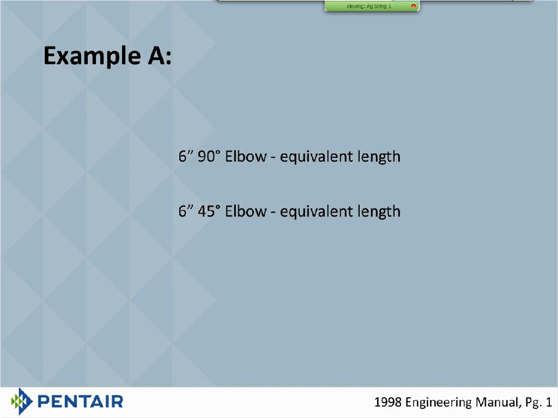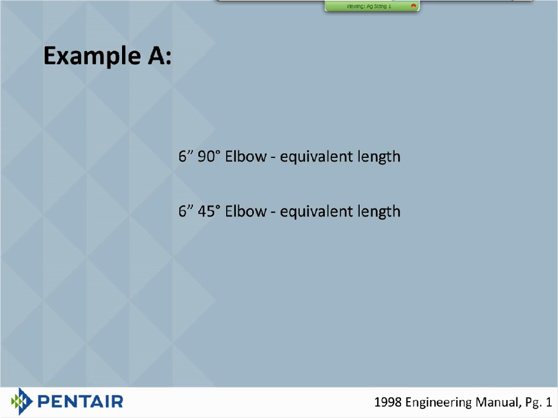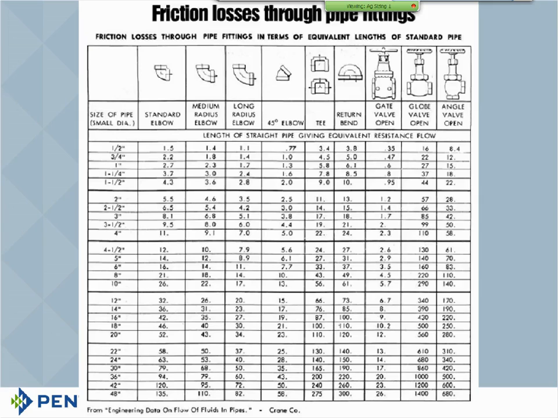Now, if we look in our book here, you're going to notice the two things we're looking for. I'll go back there for a second. The two things we're looking for is that 6-inch 90 and the 6-inch 45. Now, basically what happens when you have a 90 like that, you'll notice here it says friction loss through pipe fittings in terms of equivalent length of standard pipe.